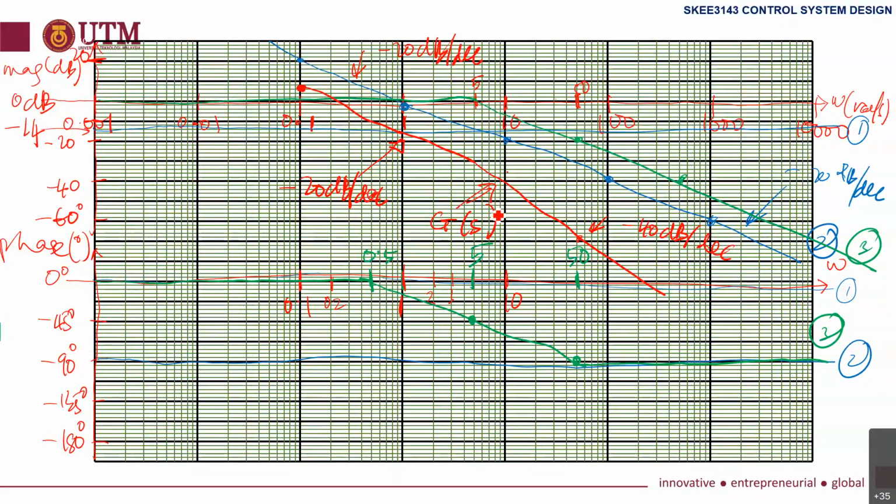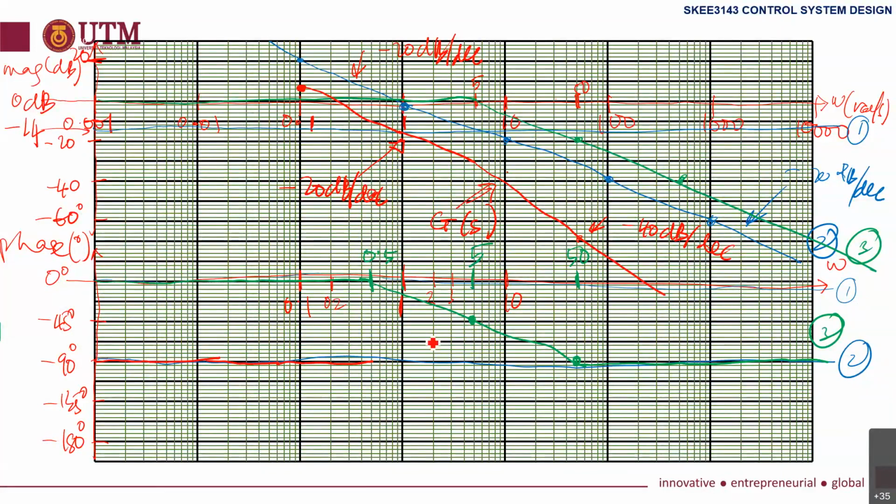Okay, let's continue with the phase. For the phase, again, we also add the slope. We have 3 components. Initially, components 1 and 3 are 0. But we have minus 90. We add, we have minus 90 here, till 0.5. Component 1 is always 0, so it will be just 2 plus 3.